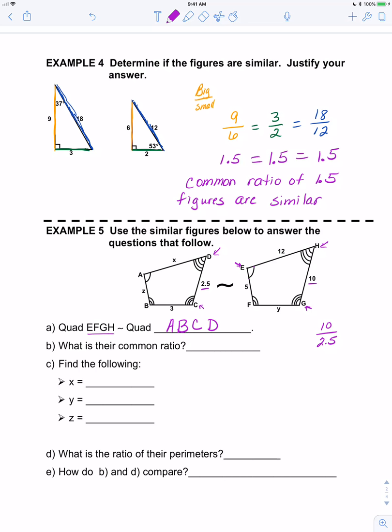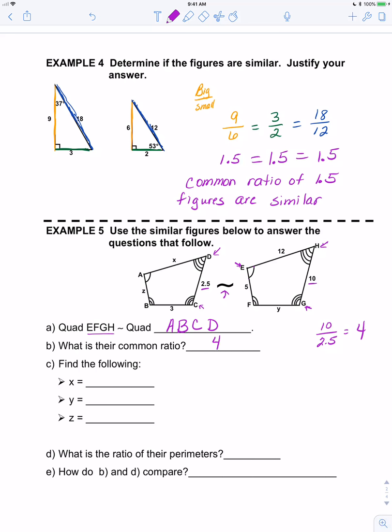And that is 4. Okay, so we don't have to check all of them because we're already told that they're similar. Up here, we were on the example 4, we were told to determine if they were similar, so we had to check all of them. So their common ratio then is 4.